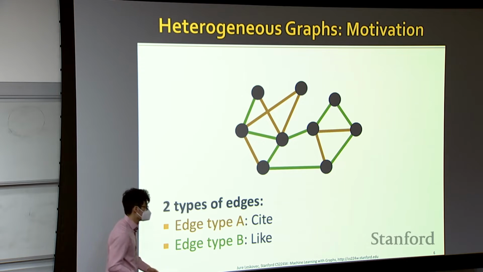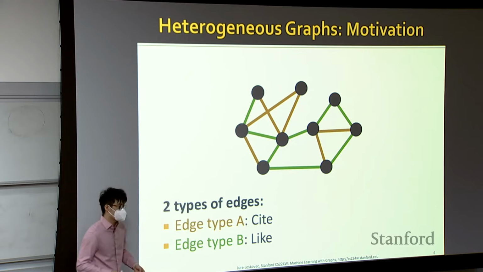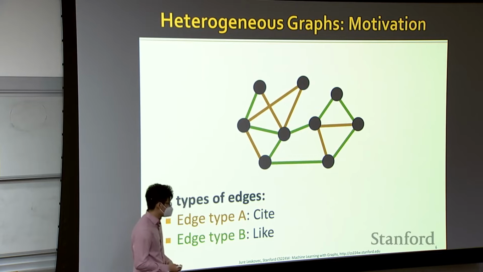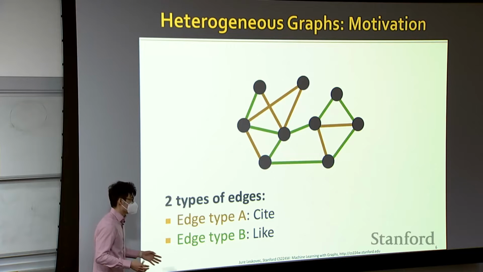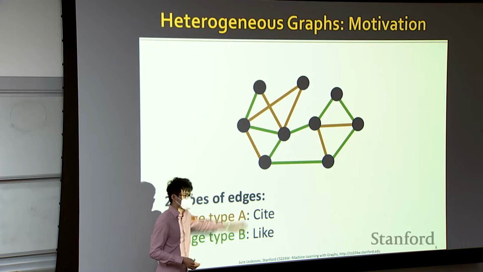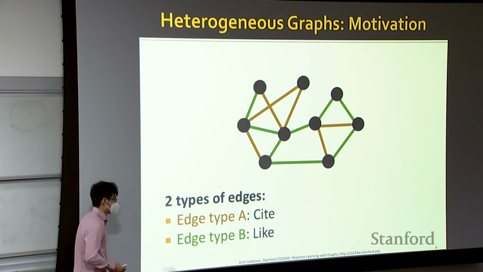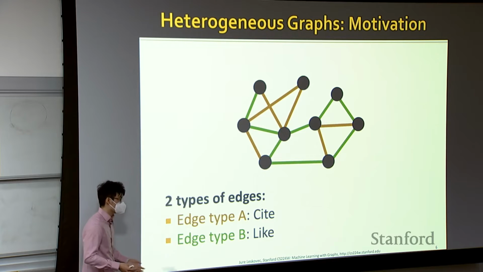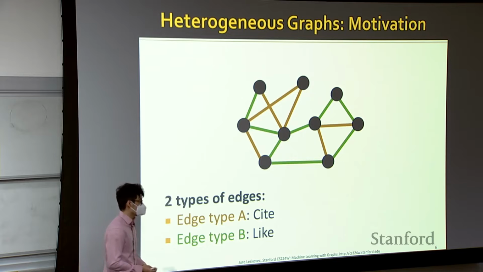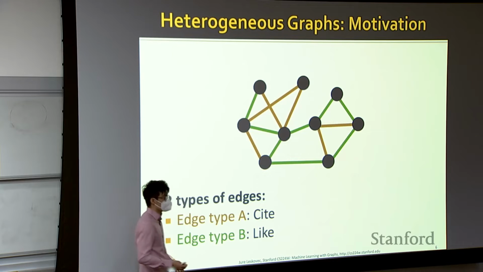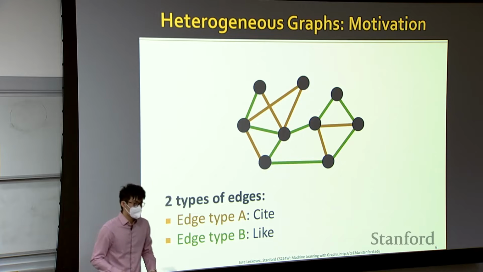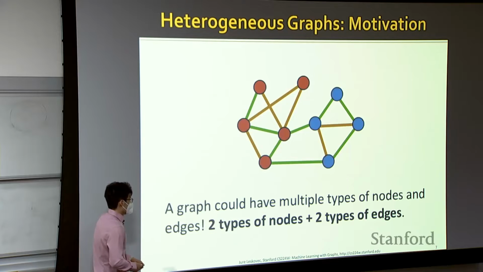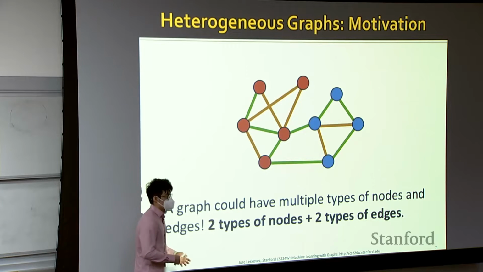Another example is the case where we have different types of edges. And this could be also useful in our citation network. So the first type could be one paper cite another paper. Another type of connection could be one paper like another paper, so they are similar. So similarly, because there could be different types of connections and interactions in the network, we may want to represent them with different edge types. And then we can make the case even more complicated.